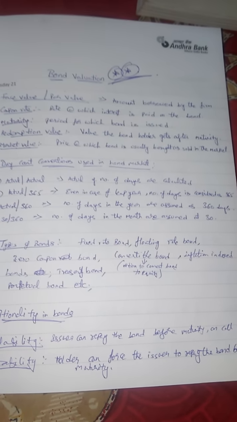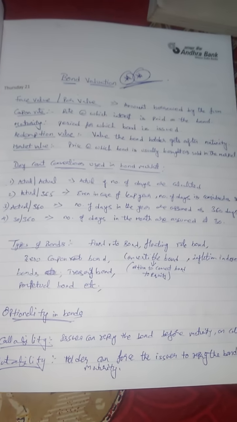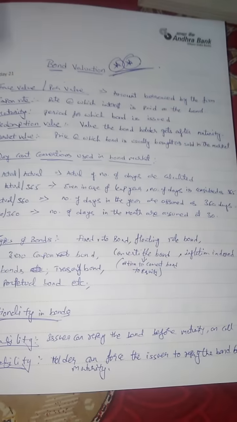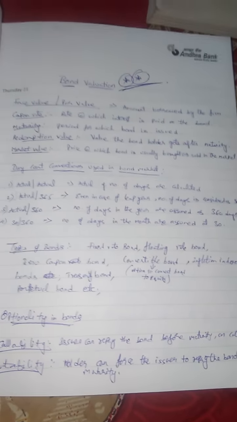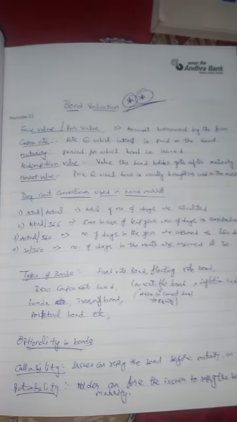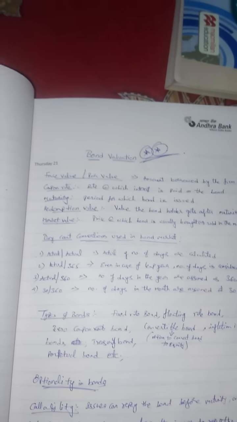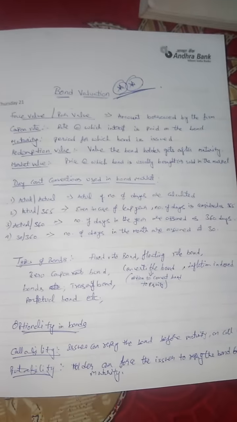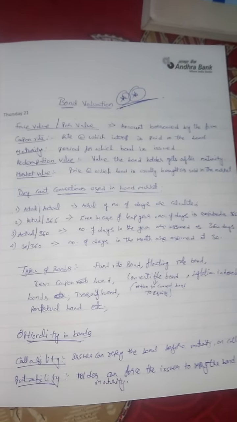The various terminology used in bonds: the first is face value. Face value is the amount actually borrowed, or the amount which you receive at the end of maturity. That is, what is the value of the bond?